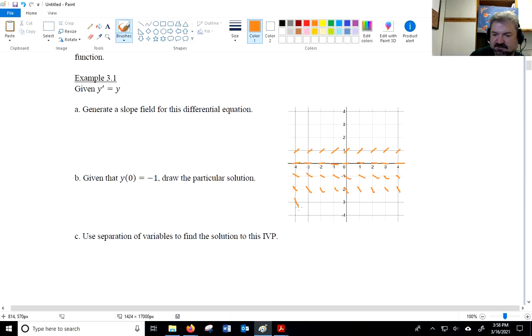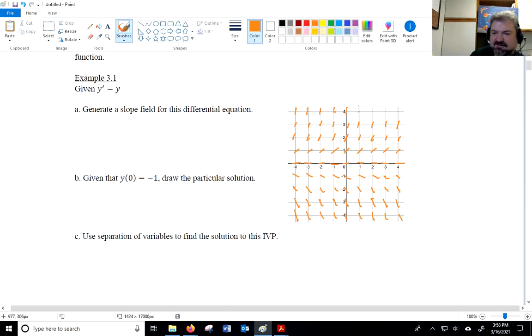Then negative 3 gets steeper still, and then even steeper than that. Whereas over here, we get a little bit steeper. Steeper. Because at 3, the slope is 3. And up 4, even steeper.